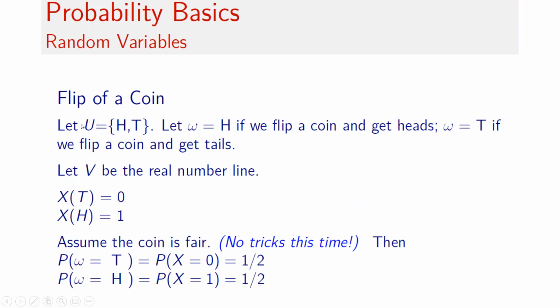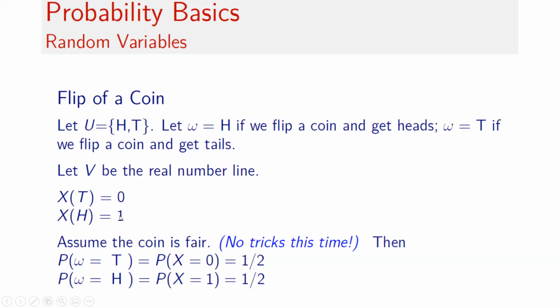So in this case, usually we can say that the vector space be the real number line. For example, capital X of T is equal to 0, and capital X of H is equal to 1, right?